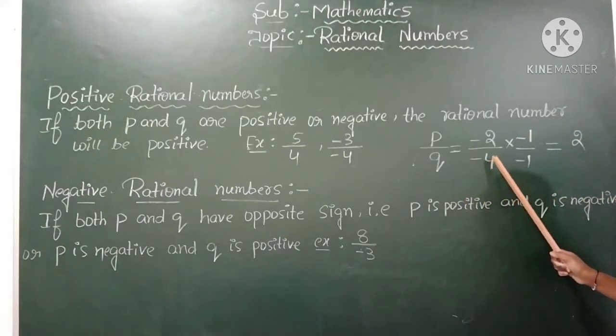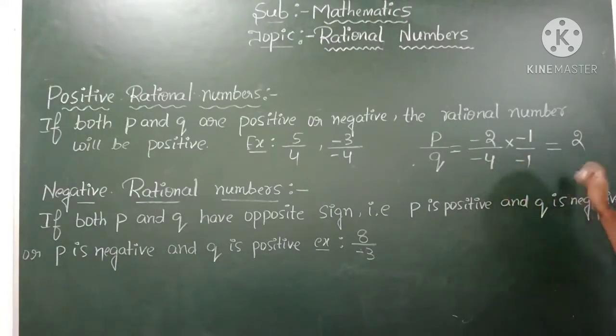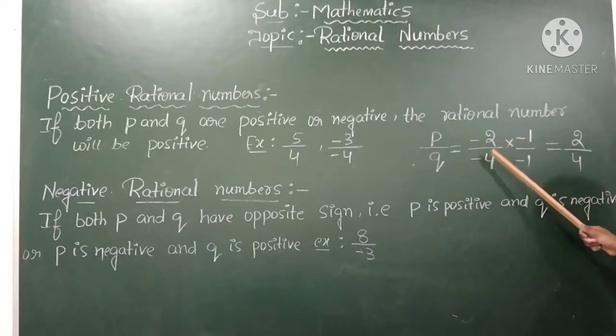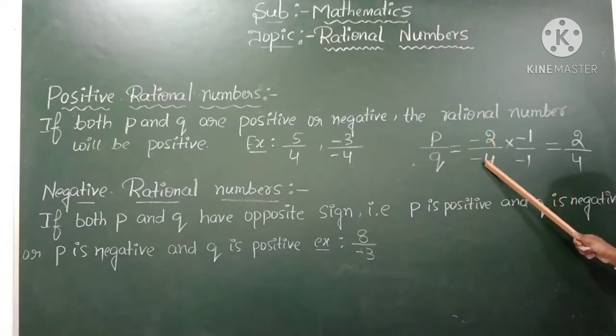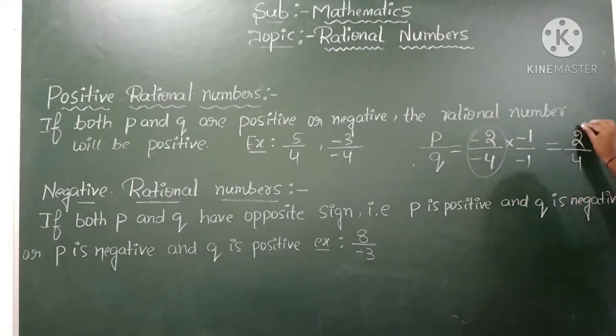Next, minus 4 into minus 1 is plus 4. That's why I am telling that for positive rational numbers, p and q can both be negative. Minus 2 by minus 4 is said to be a positive rational number, because you get 2 by 4, which is positive, right?